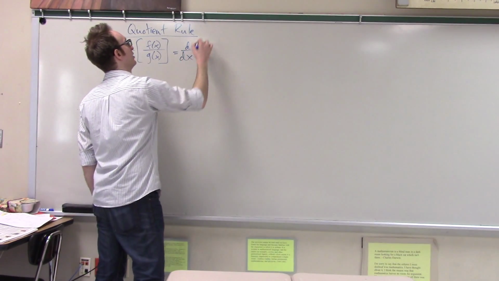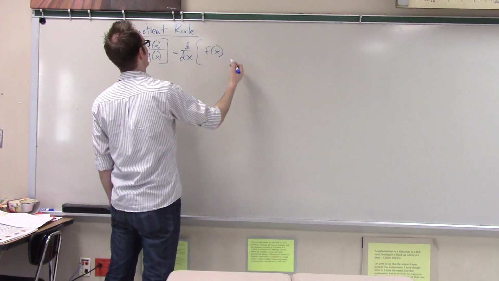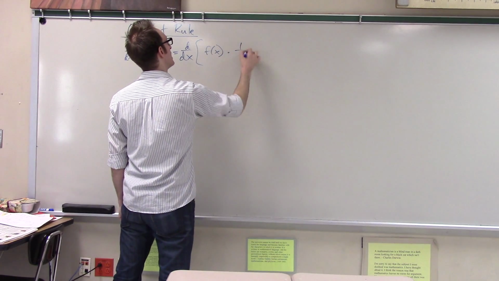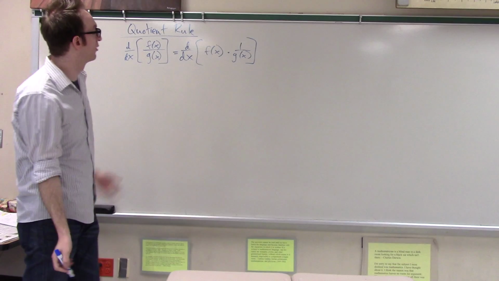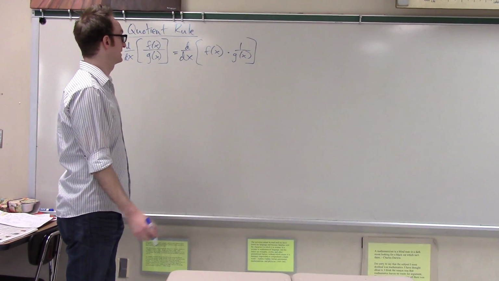And so the derivative of the f over g function is just the derivative of f times the 1 over g function. So I can now apply the product rule to this.